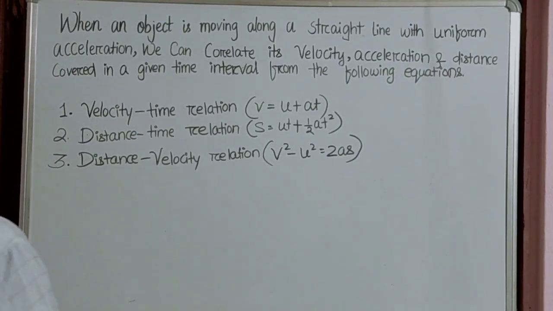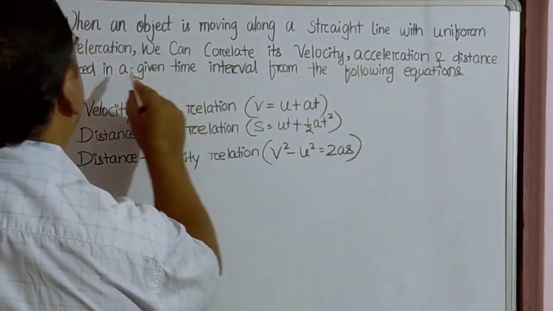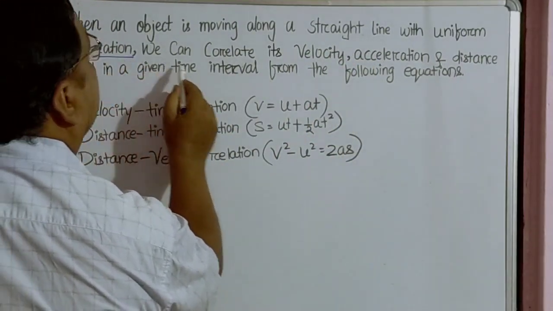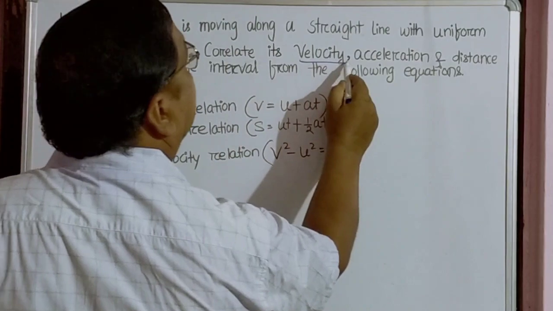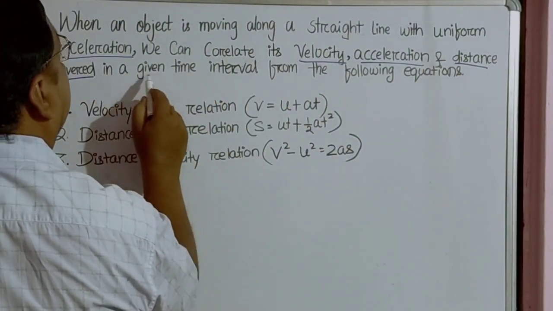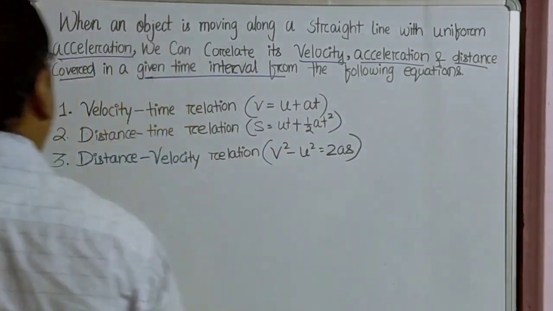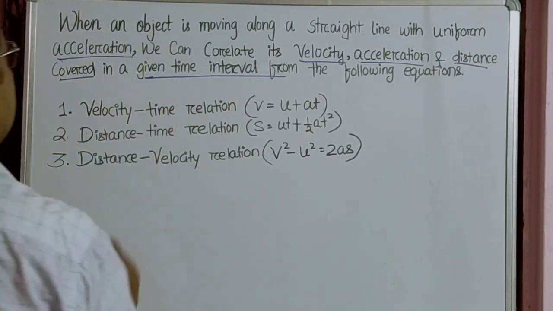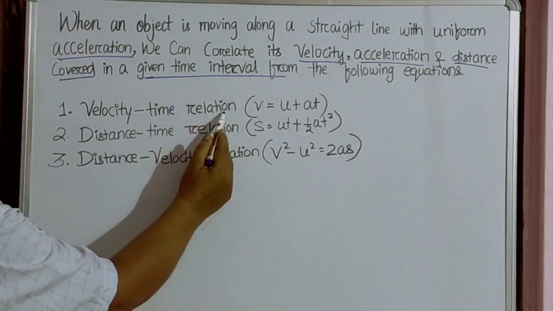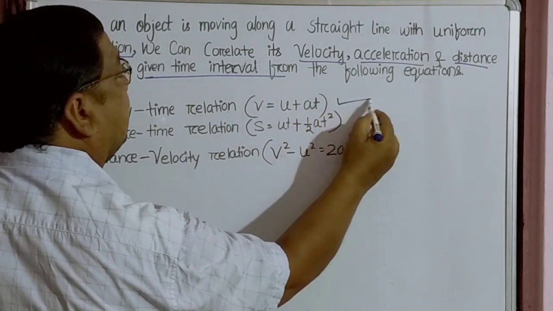When an object is moving along a straight line with uniform acceleration, we can correlate its velocity, acceleration and distance covered in a given time interval from the following equations. The first equation of motion is known as the velocity-time relation, which is expressed by the symbol v is equal to u plus at.